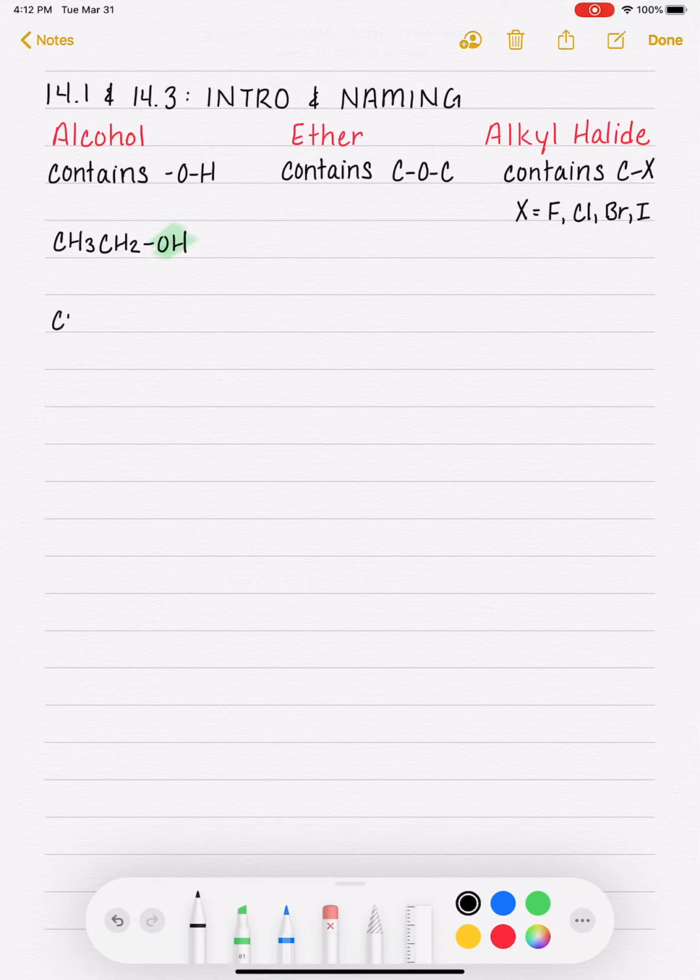So for example, if we were to have a molecule like this, where the OH group is with another functional group side by side, that is not an alcohol. That's a different type of molecule that we'll study later. The alcohol is a molecule that has the OH group attached to just a regular, plain, boring carbon-hydrogen chain with nothing else.